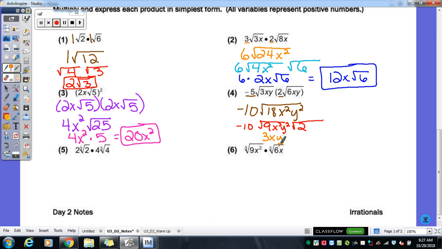So the square root of 9x squared y squared would be 3xy. I got that radical 2 there still, and again I have to do it times this negative 10 that was already there. I always got to remember to multiply what was out in front. So we get negative 30xy radical 2.